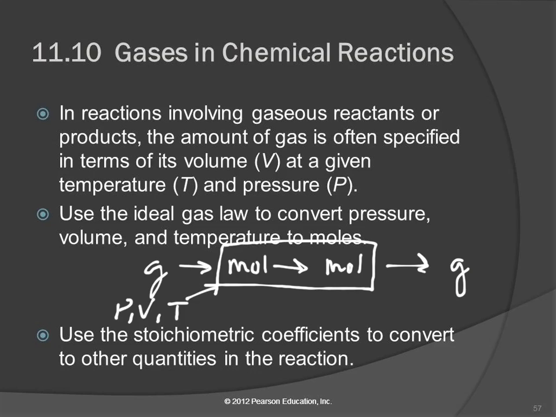Or sometimes we'll start with the mass and go to moles, and then we want to know the volume of a gas at a particular temperature and pressure, and so we can also tweak the ending. So that's the big idea. We're building on stoichiometry, just using our knowledge of the ideal gas law, which enables us to calculate the number of moles of a gas based on its pressure, volume, and temperature.